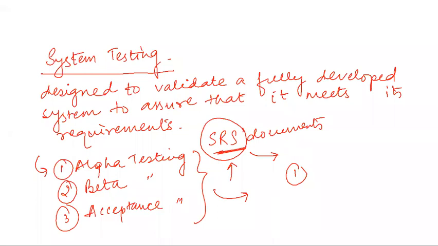Ma'am, testing which is done by the developers. Yes, right. So this is done by the developers, right? So this system testing is carried out by the testing within the organization where the system was being developed, right? And what is beta testing?